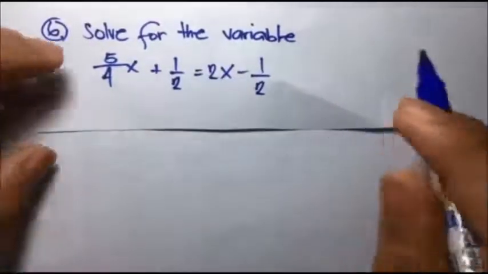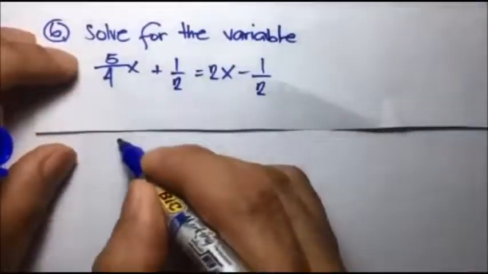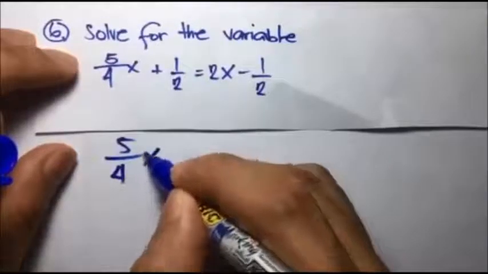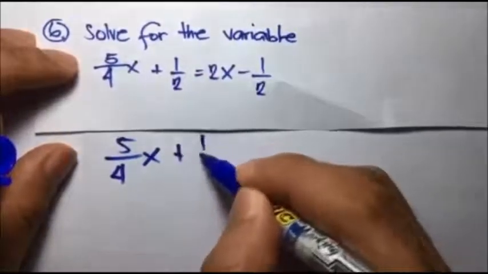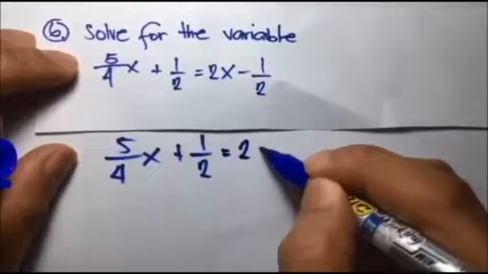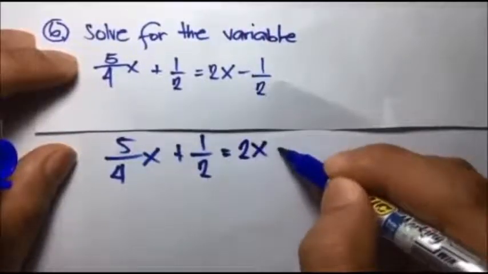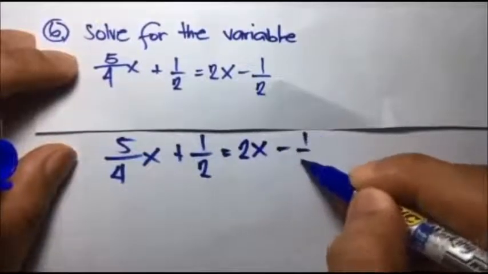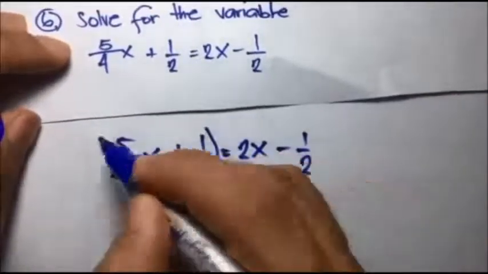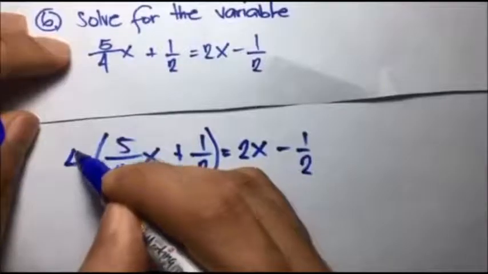So we have 5/4 x + 1/2 is equal to 2x - 1/2, and we multiply both sides by 4.